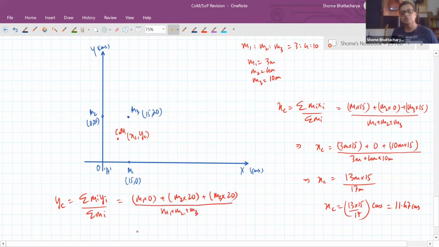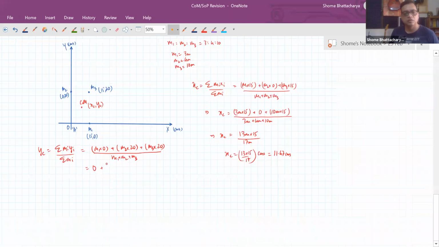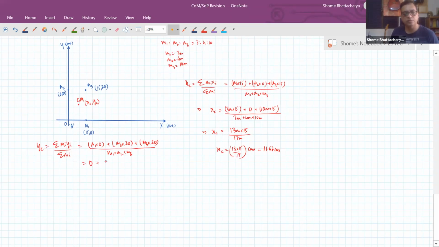So this time that will become 0 plus m2, which was 4m, plus m3, which is 10m, divided by summation 17m.